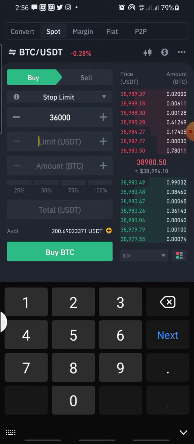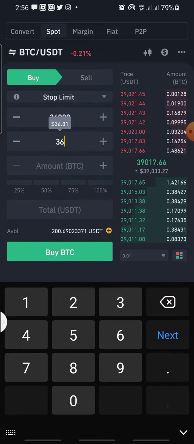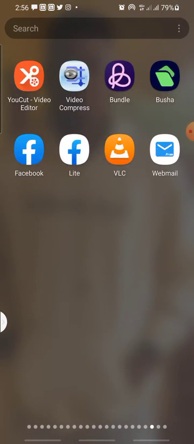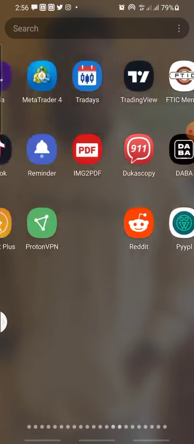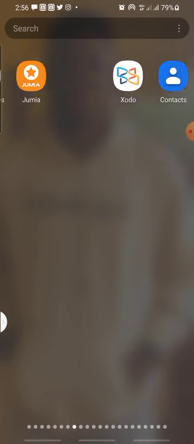So it's going to be 2 to 3 digits below your stop, let's say 3 digits below. If you are confused, you can use your calculator here and remove 3 digits.